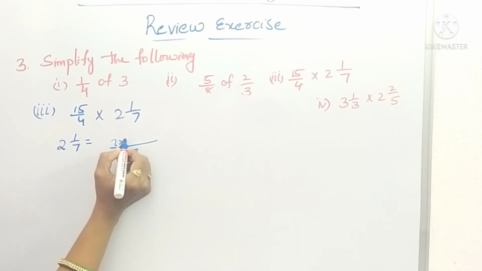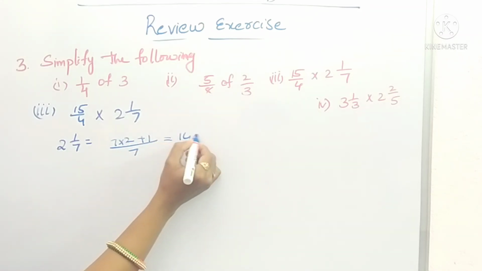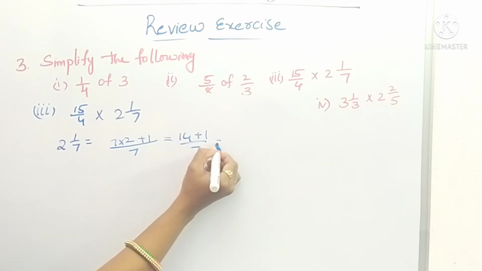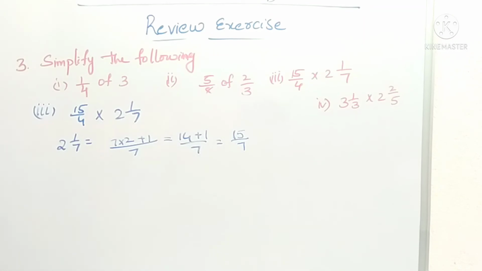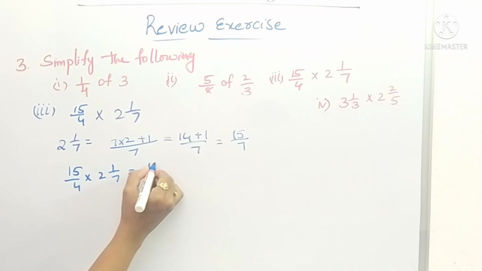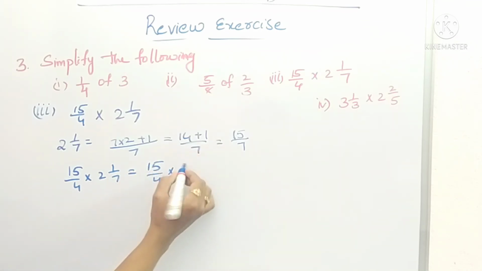So 7 into 2 plus 1. 7 2s are 14 plus 1 by 7. That will be 15 by 7. So now 2 1/7 became 15/7.